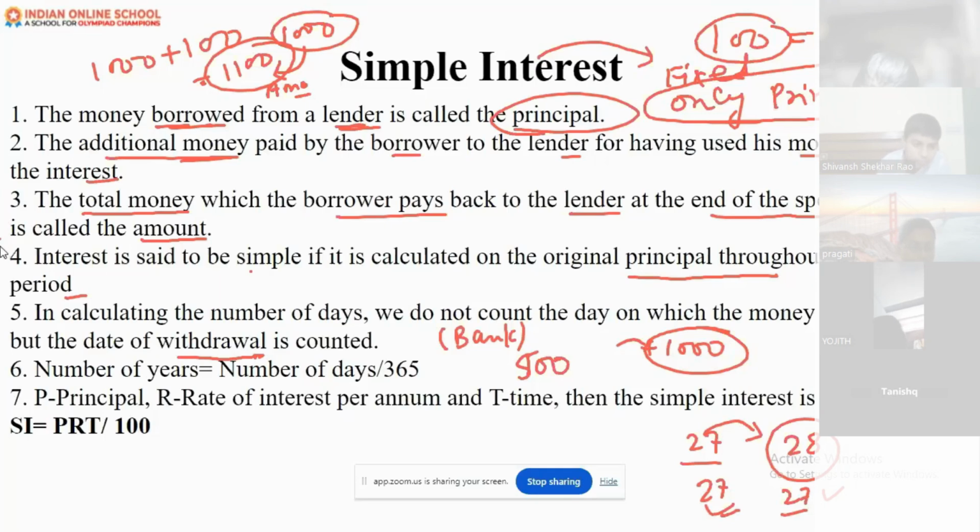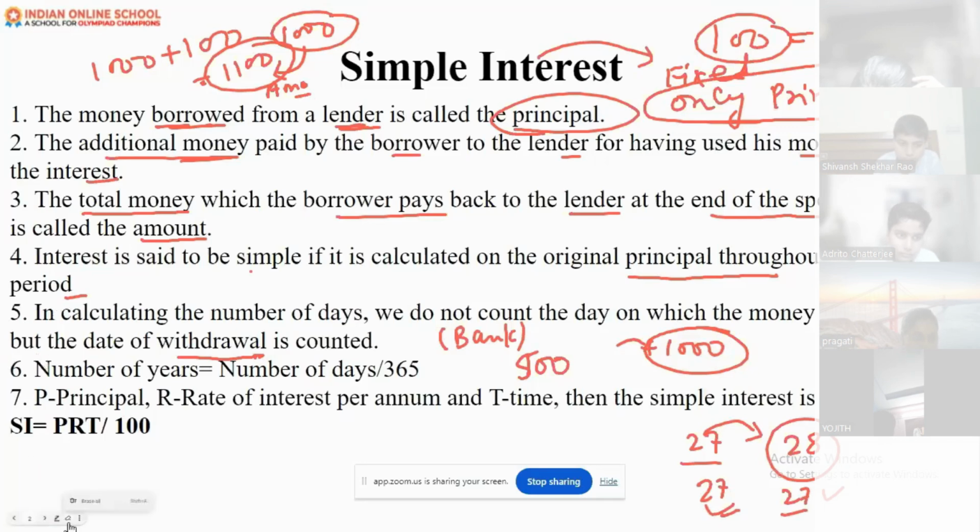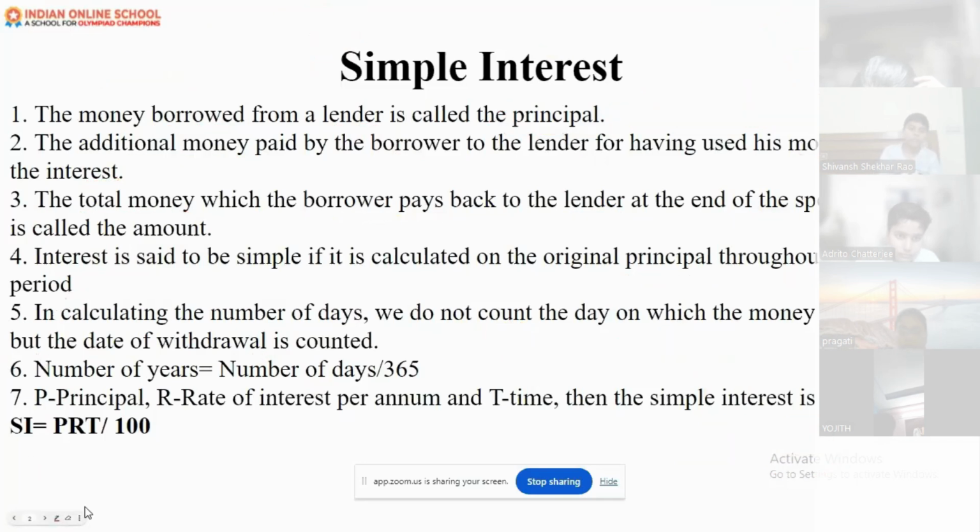Now the last point. Number of years equals number of days divided by 365. Let's suppose in many cases they have given you that someone has taken money for 75 days and you want to change it into years.